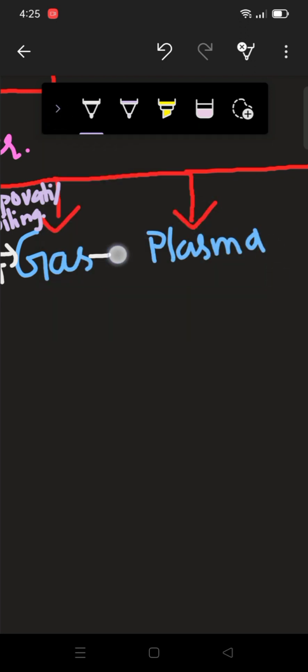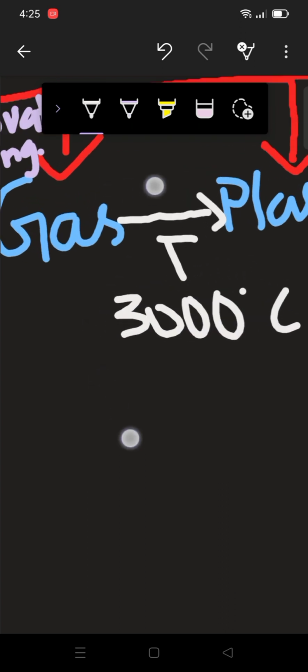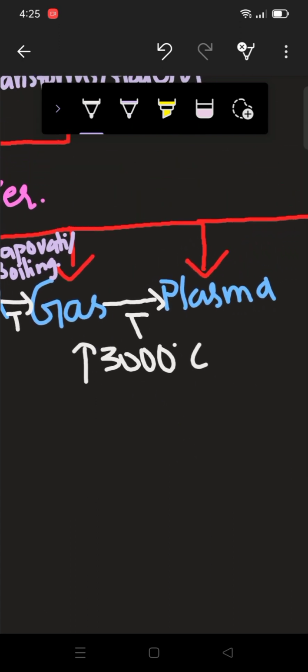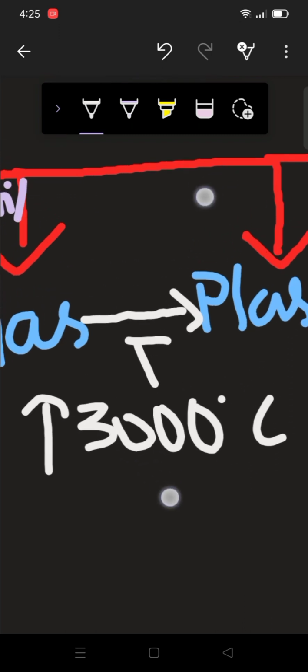When we provide temperature to gas, and that too very high temperature, all right, not till 60 degrees centigrade or 90 degrees centigrade, however up to 3000 degrees centigrade, it goes under the process of ionization.